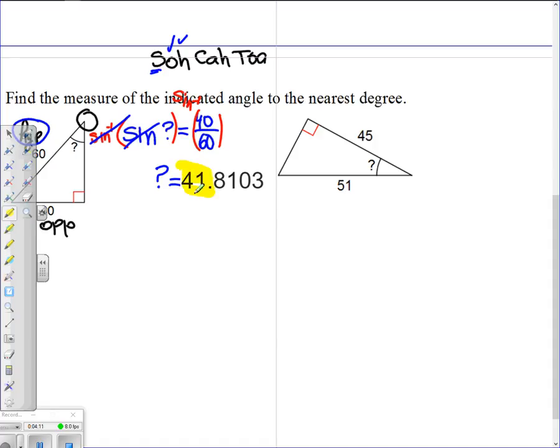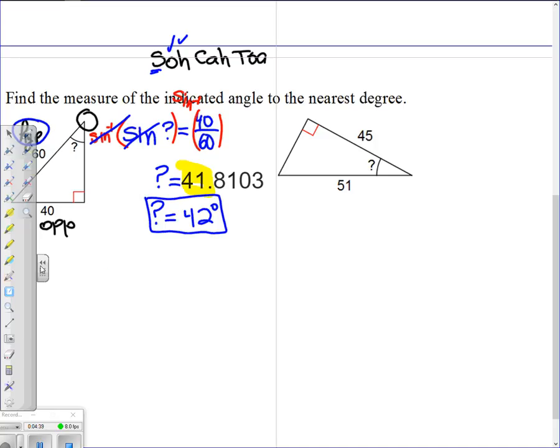The answer is 41 or 42 depending on this number. And the rule is the following. If this number is 5 or larger, add 1 to it. If it's smaller than 5, it stays the same. Because it is larger than 5, add 1 to it, so this will be 42. And that angle is 42 degrees. That is the answer.